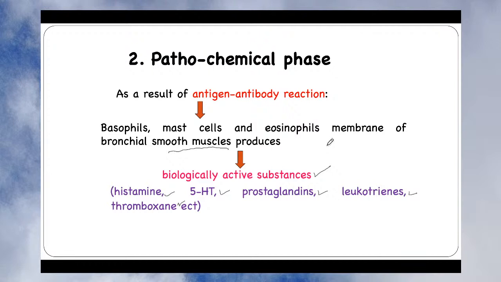Okay. Now, when these chemicals are released, this phase of the allergy is called the pathochemical phase. So what happens in the pathochemical phase? There is just release of biologically active substances which are responsible for the different characteristic features of asthma. So when these chemicals are released, it is called the pathochemical phase, right?